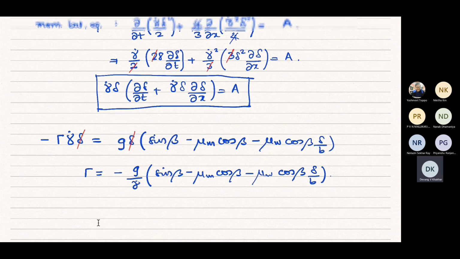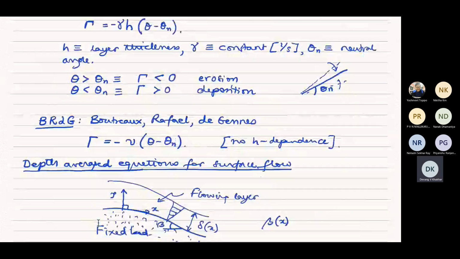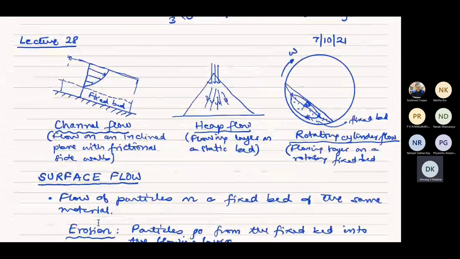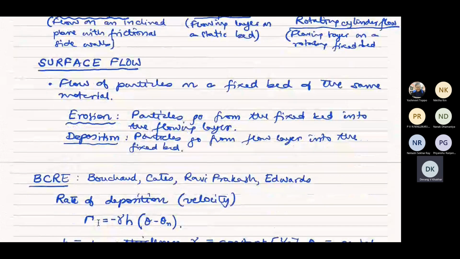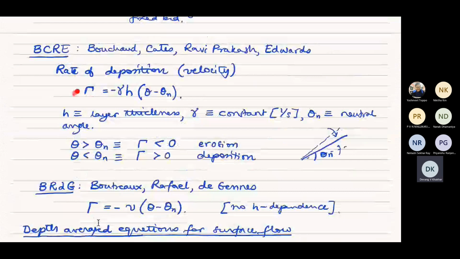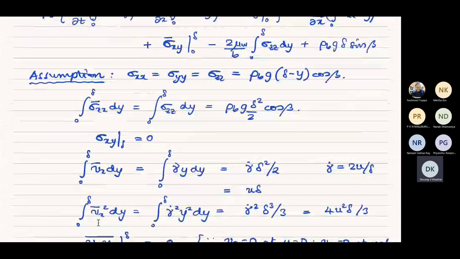So if I go all the way back to 2 lectures ago, when I started talking about all this erosion and deposition, I also told you, okay, here is an expression for the deposition rate. Here's another expression for the deposition rate. Our expression looks very, very different.